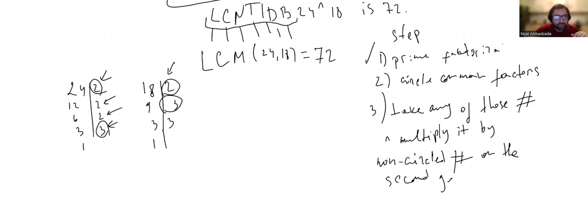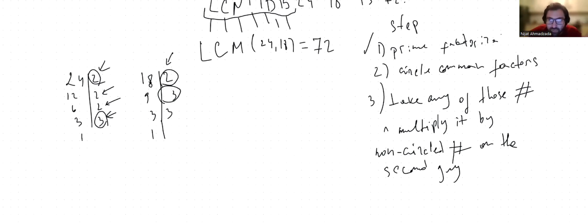What do you mean? It means let's do it one by one. Take any of those numbers. Okay, we're going to take 18 or 24, right?